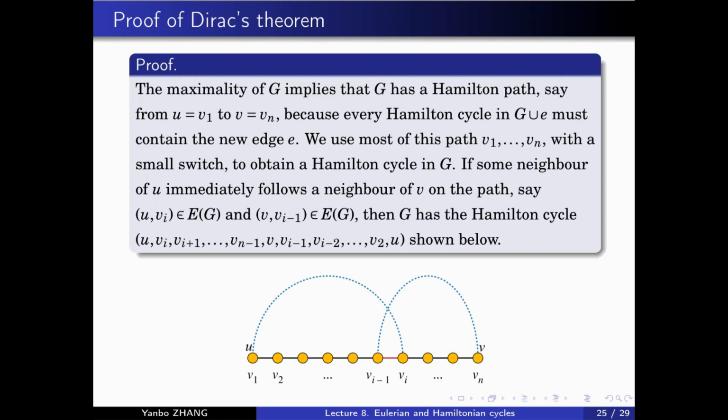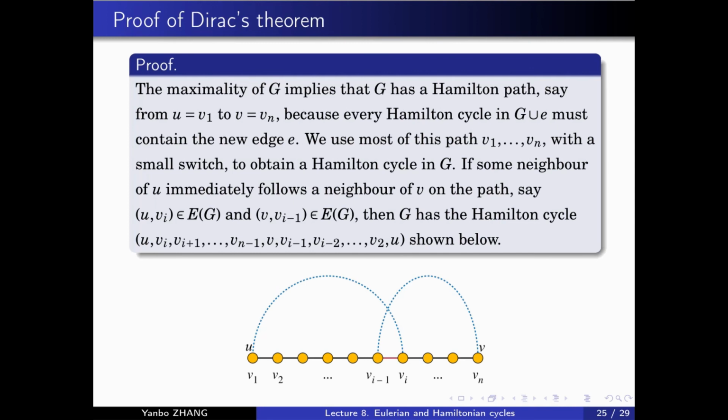If G is not complete, we choose two non-adjacent vertices u and v. Because G is maximal non-Hamiltonian, if we add a new edge between u and v, then G union the edge uv contains a Hamilton cycle. That means G contains a Hamilton path from u to v. Every vertex of G is on this Hamilton path.